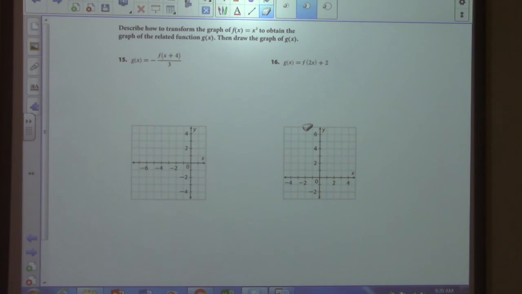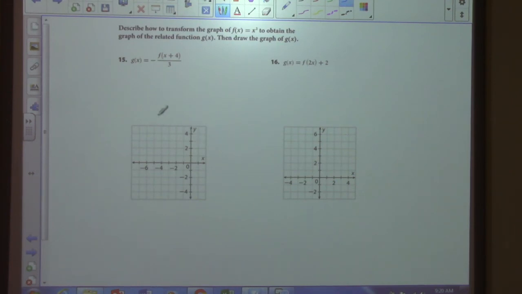What are the transformations involved here? I think it's a reflection about the x-axis. Okay, so what is it that reflects about the x-axis here?